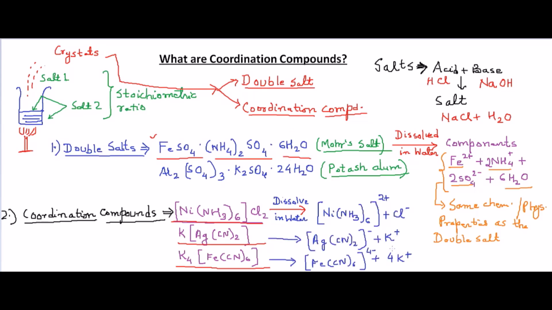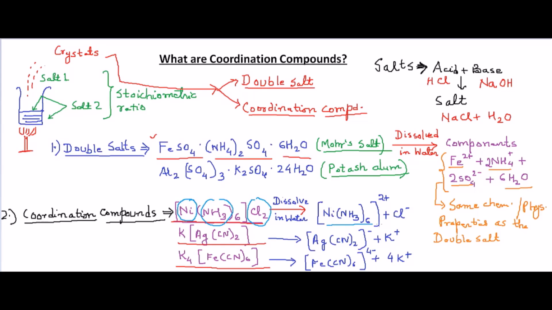As you had seen, the double salts dissociate into their constituent particles. In this coordination compound, the constituent parts are different. It doesn't dissociate into a single nickel ion, or single ammonia, or single chloride ions. No, not like this. They get dissociated in a different manner.